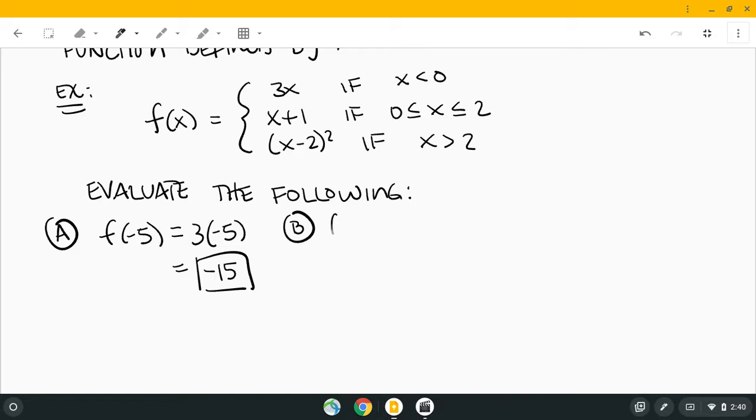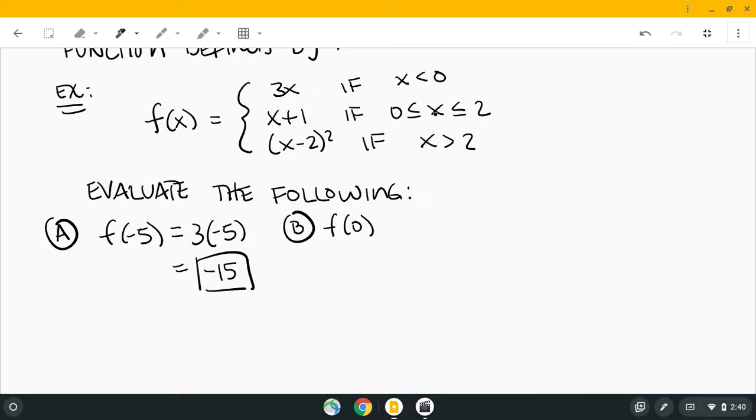What if I want to know what f of 0 is? Again, you go through and check to see where your x value falls. Is your x value 0 greater than 2? No, so we're not using this one. Is your x value 0 less than 0? No. So we're not going to use this one.